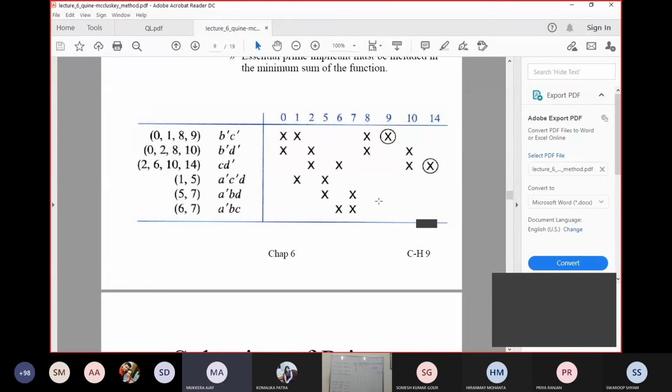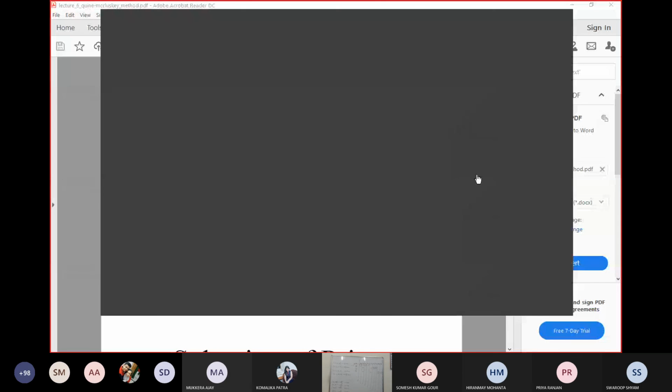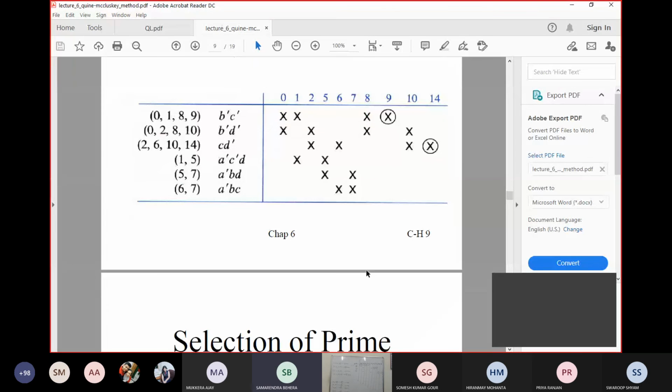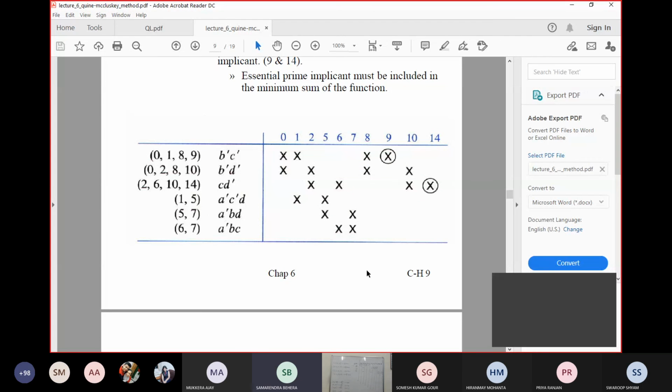Yes, mute yourself. Who is that? Yeah. So for finding the essential in the previous example, what did you get? Like this is just an example I told. How much you got? Anyone? This particular batch is very slow.